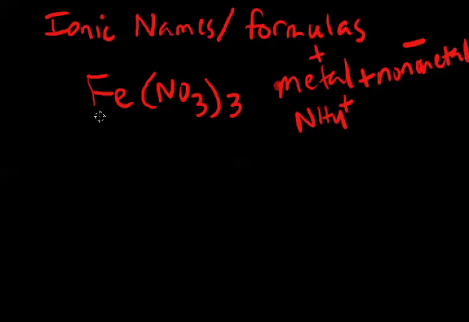So if we look at this, the first thing you need to do is basically, let's just draw a line through here. Here's our metal, this is iron, and then this has to be our negative ion. And it's made up of nitrogen and oxygen, one nitrogen, three oxygens, so this has to be a polyatomic ion.